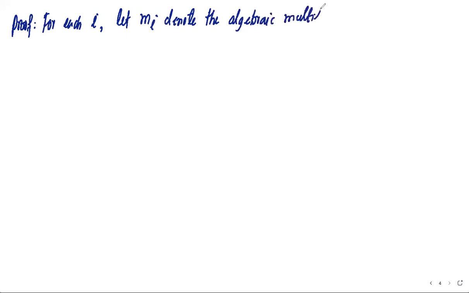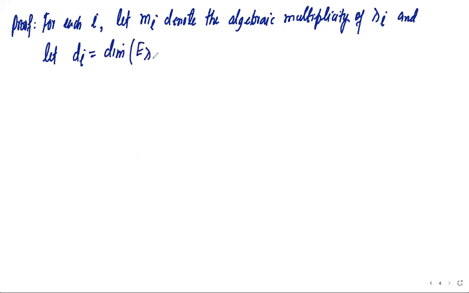For each i, let m_i denote the algebraic multiplicity of the eigenvalue lambda_i, and let d_i be the dimension of the eigenspace corresponding to lambda_i.